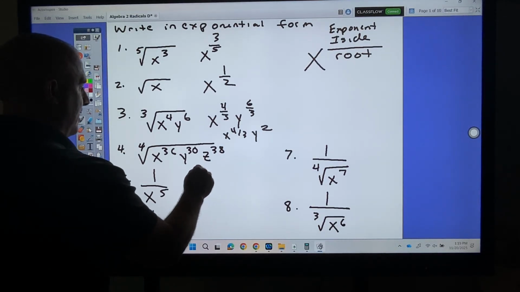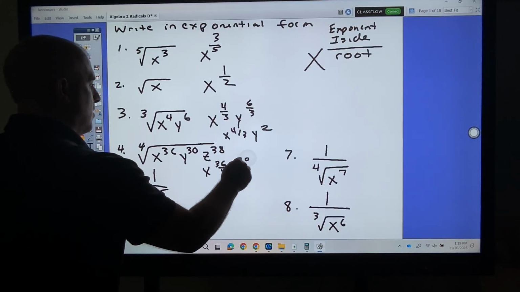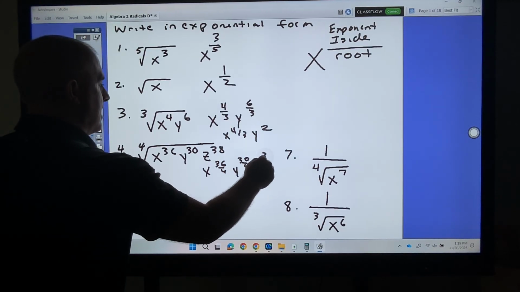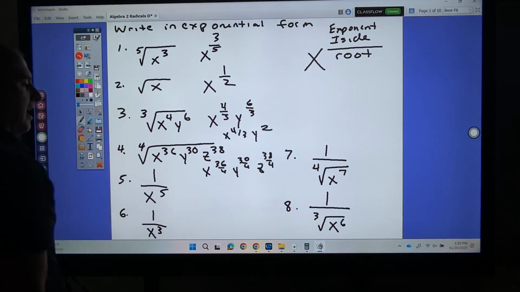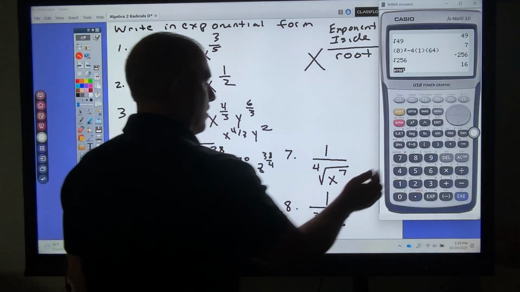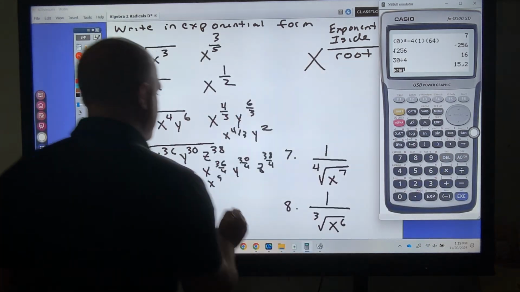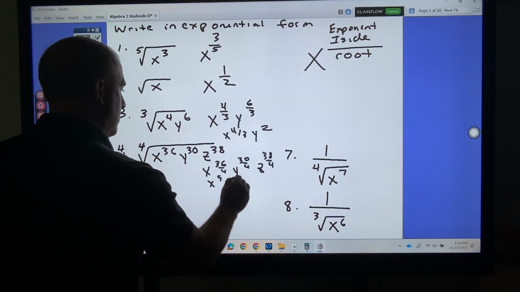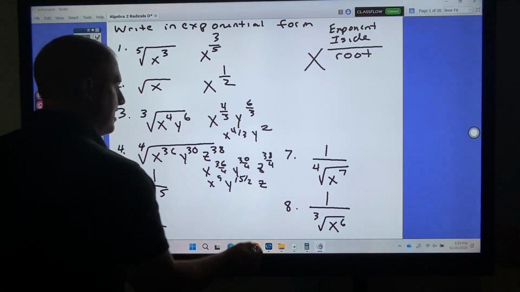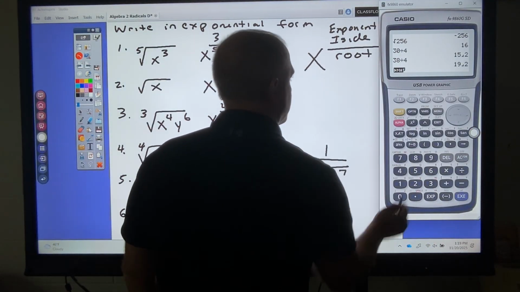I would have x 36 over 4, y 30 over 4, z 38 over 4, okay? Now, 36 divided by 4 is 9. 30 over 4, 30 divided by 4, if I hit the fraction button, that gives me 15 over 2, okay? And then the z of 38 over 4, 38 divided by 4, and then hit the fraction button, that's 19 over 2, okay?